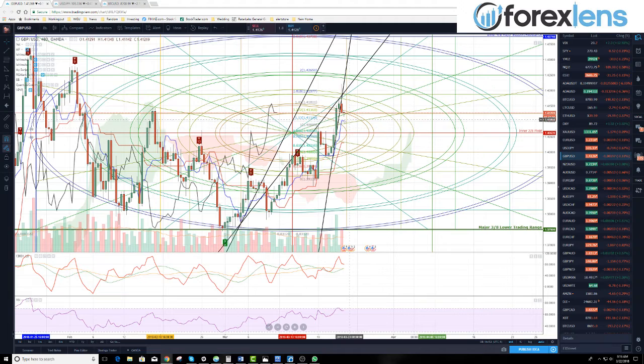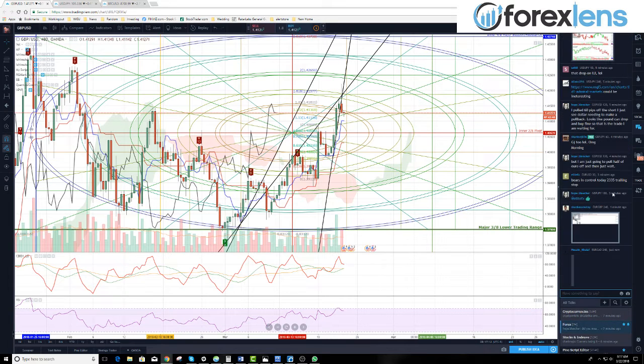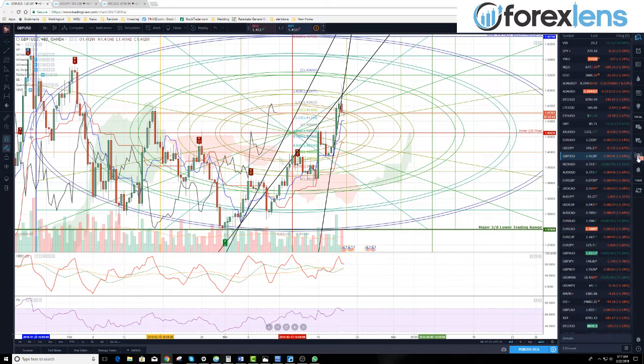It's possible that we could get an extension lower or higher in the pound or lower in the UJ throughout the day. But really, we're looking at some pretty extended moves that should face a lot of return to where we were in value prior to the move. So just be aware of that.